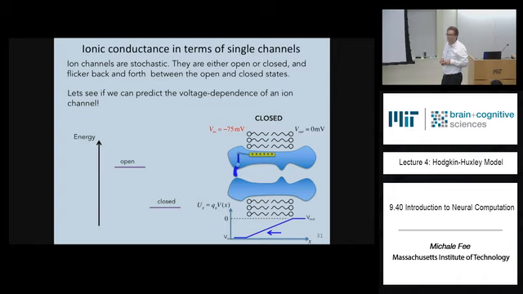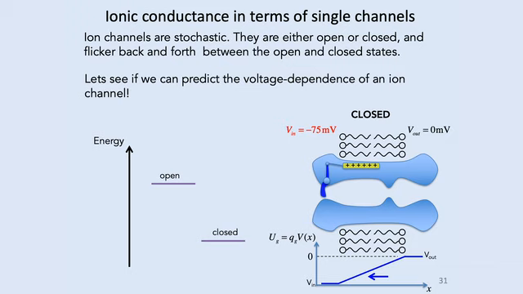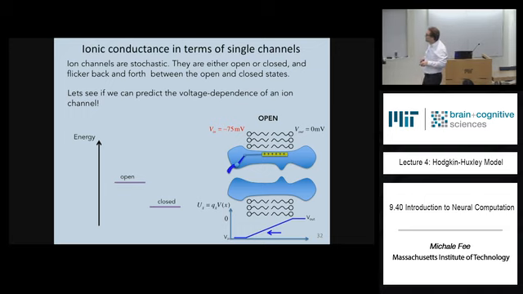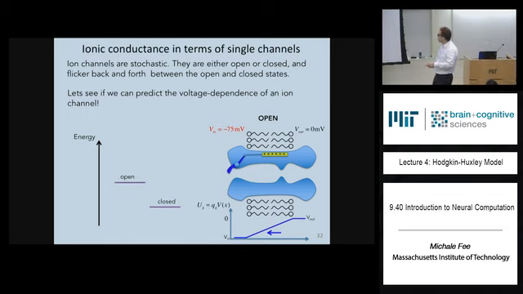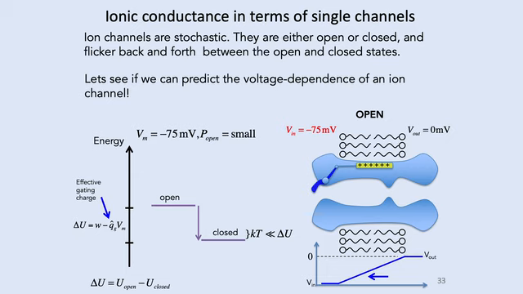The energy of the closed state is low because those charges are toward the inside of the cell, and the voltage is low. Now, what happens if the cell is hyperpolarized, but it happens to be in the open state? You can see those charges are closer this way, so the energy of these charges are still sitting in a voltage that's lower than outside, so that open state has a slightly lower energy, but you can see that the closed state still has a much lower energy than the open state. Okay? And we can write down that voltage difference as a gating charge times this voltage difference, okay?